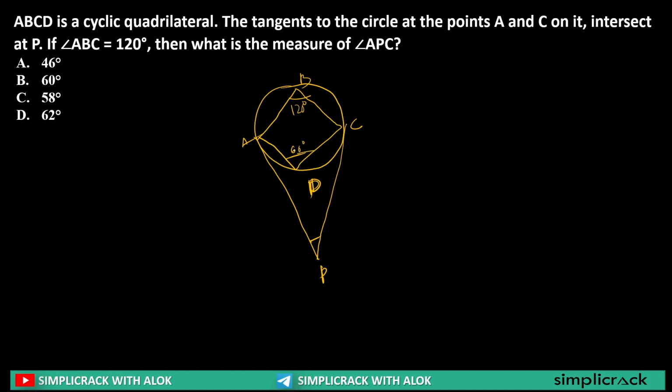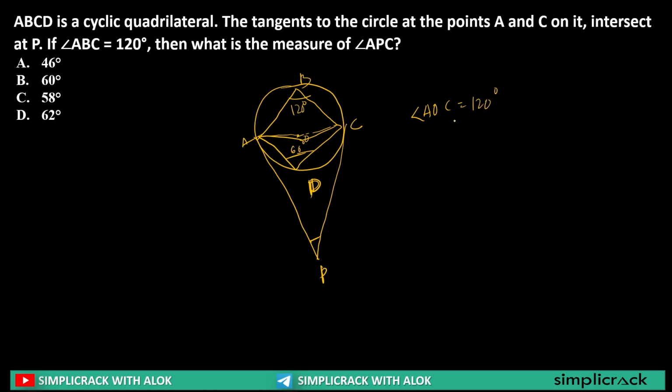Now if ADC is equal to 60 degree, and O is the center, for an example, then AOC will be what? AOC will be 120 degree.